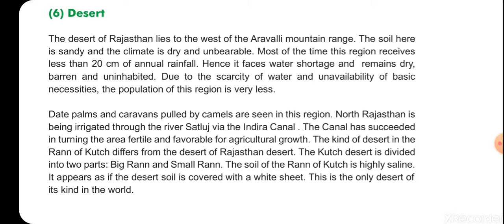No other area has such a type of Rann in the world. So it is of its own specific kind, the white desert, of its own kind in the world.